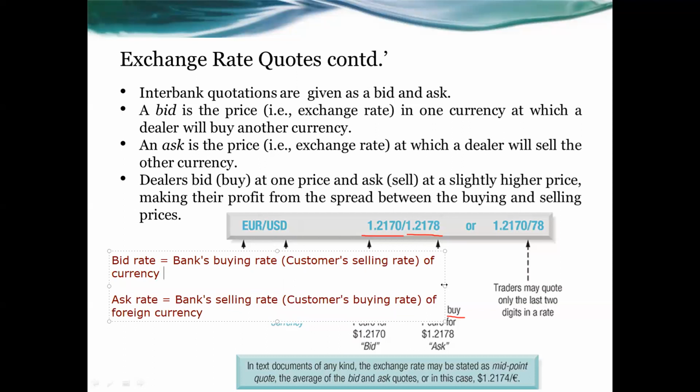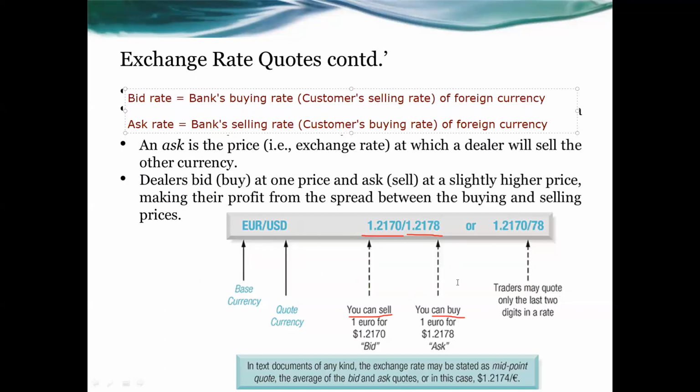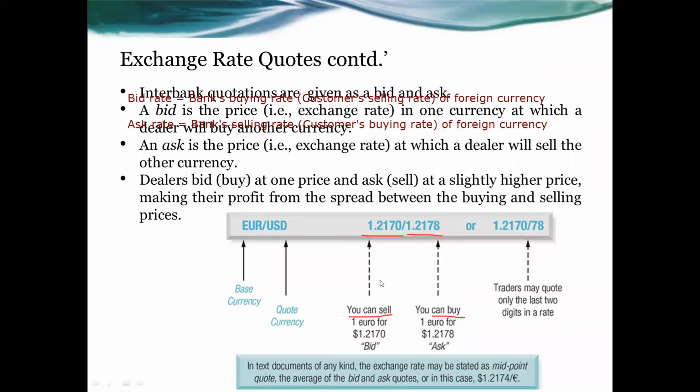This is a difference. Okay, that is a difference. Remember that. Right. So that is what we are expressing in here. This is a buying rate, this is the ask rate, and this is a bid rate.